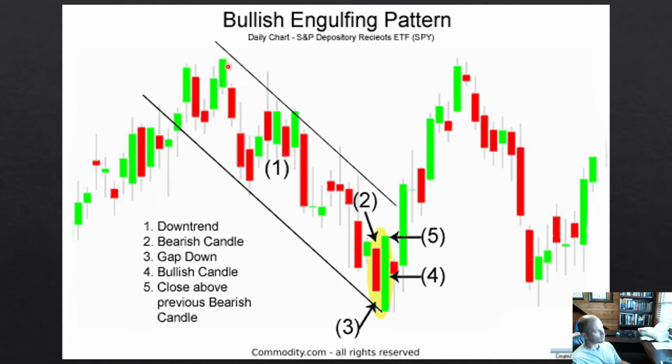Or, if you were far enough out, you could have had this as a profit area to pull the trade off. And you could have used the stop loss below this low right here. That could have been your trade, and you would have made some pretty good money on that trade, right?